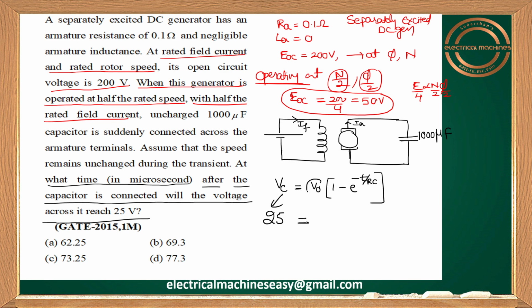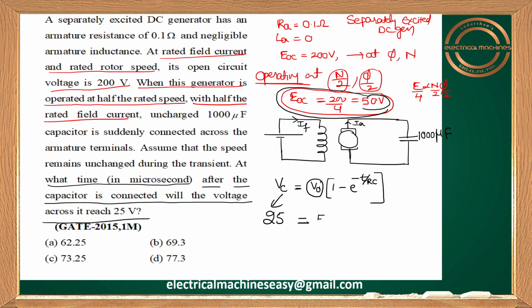And tell me, initially what is the voltage across your capacitor? After it is suddenly connected across your armature terminals, its initial voltage is 50 volts, because whatever EMF is induced in your generator, the capacitor is connected across those armature terminals only. So this is the initial voltage I'll take.